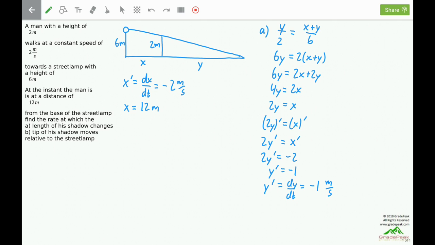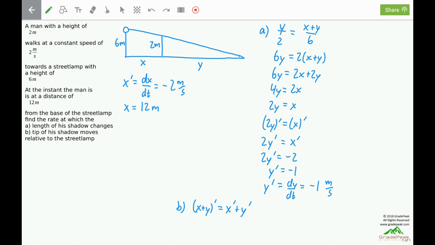For part B, we want to find the rate at which the tip of his shadow moves relative to the street lamp. If we look, the tip of his shadow, which is out here, relative to the street lamp base, which is over here, those are apart from each other by a distance of x plus y. So the rate for that will be x plus y quantity prime. Well, since these are added, we can add the primes of each, because the prime of a sum is the sum of the primes.